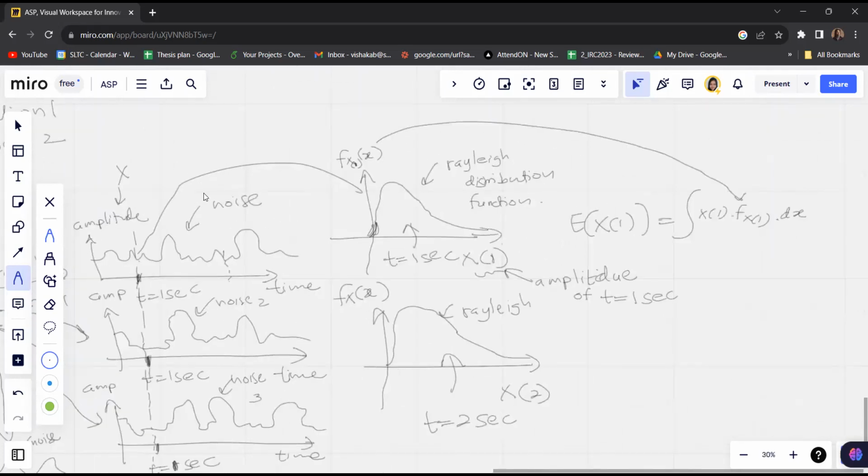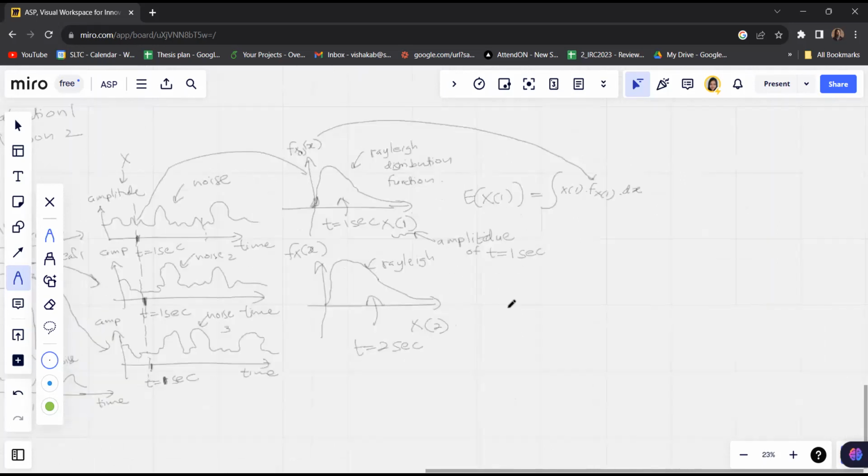I explained to you that at time equals 1 second, we have a Rayleigh distribution which can be used to denote the probability density function of the random variable x1. When we take the probability density function of x2, even there we have the same probability density function.